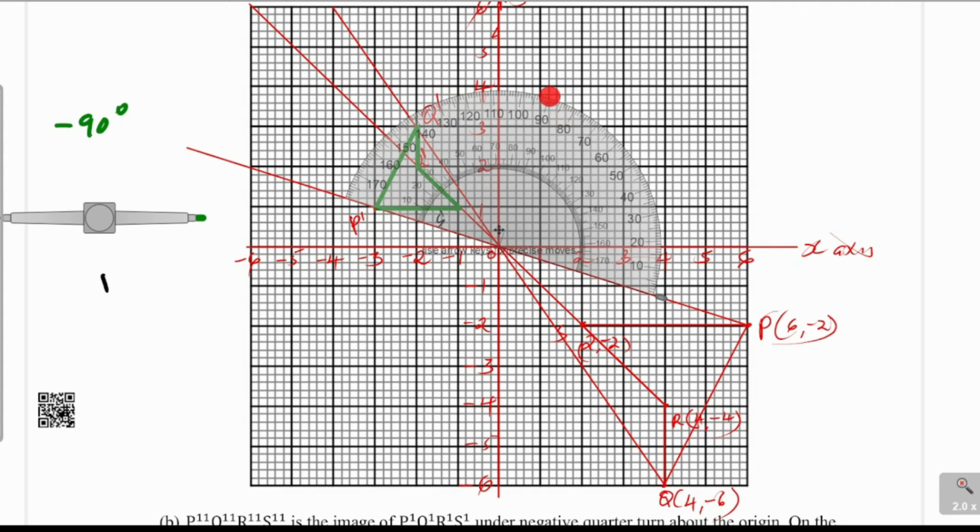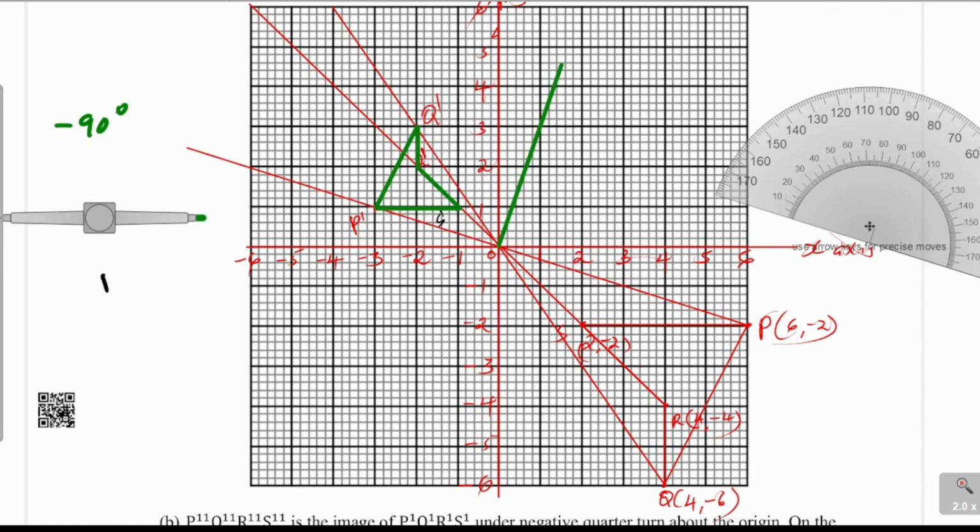So you're going to have 90 there. From this point, 90 will be there. So that is where you're going to draw a straight line. Let me mark that point. So this is how we shall have 90. Yes, that is 90 degrees. You can see now this angle is 90.